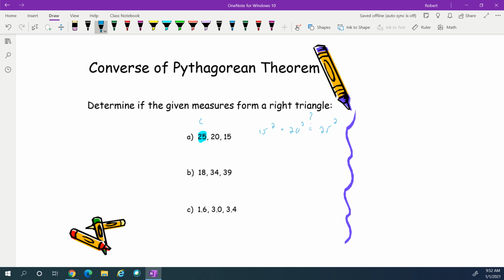We're asking ourselves, is this true? So we have 225, 400, 625. Add the left, 625. That does equal 625. So yes, this is true. So yes, we have a right triangle.